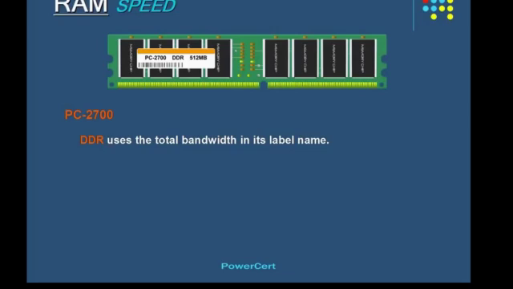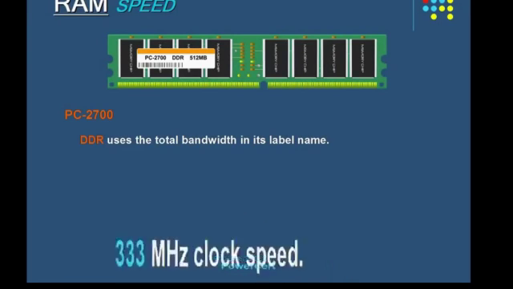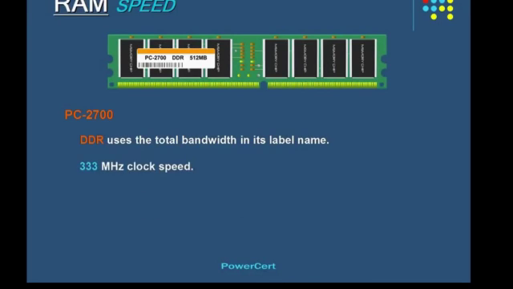The 2700 is not the clock speed, but it's the actual total bandwidth. The clock speed for PC2700 is 333 megahertz. So 333 megahertz times 8 bytes is rounded off to 2700 megabytes per second, which is where we get the name PC2700.